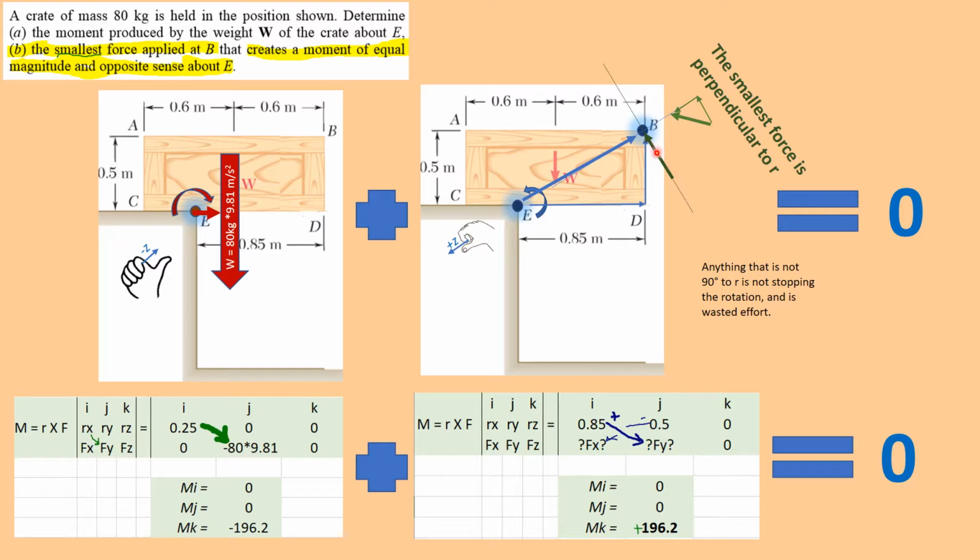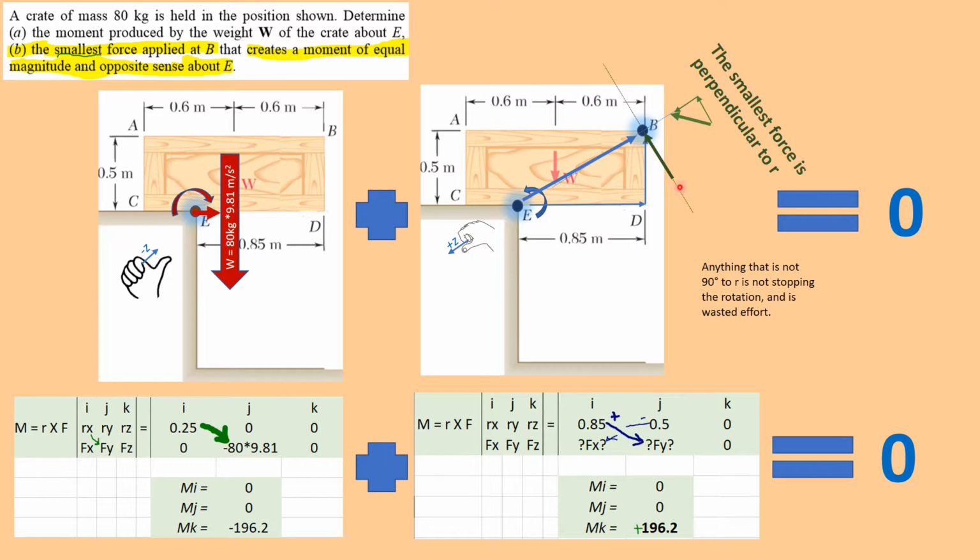Remember, part of this force is going to be creating rotational motion, and part of this force is going to be creating translational motion. If we want the entire force to go into nothing but stopping rotation, we want the entire force to be perpendicular to this position vector.